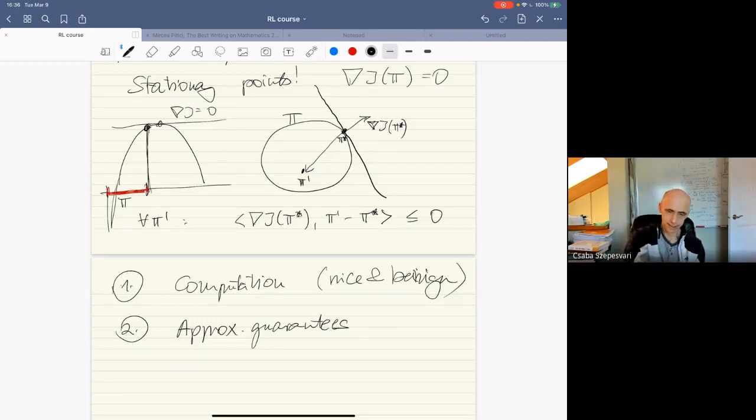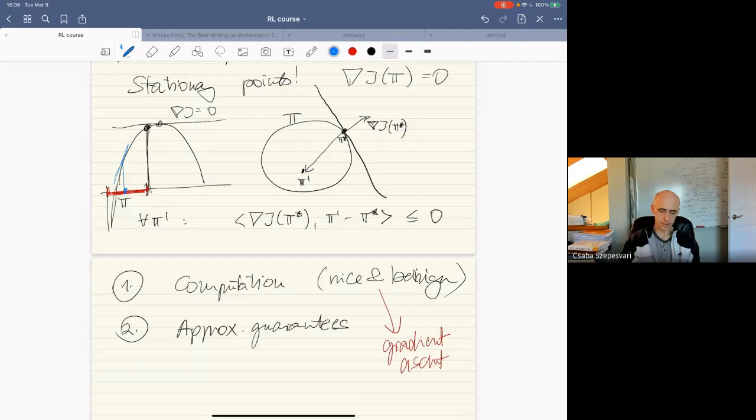Yeah, so the candidate, if anything should work, maybe it's gradient ascent that works. So what's the idea of gradient ascent? The idea is that you're here, you're computing the gradient. The gradient is, like, the slope of the line, the tangent line to the objective function at the point where you are.